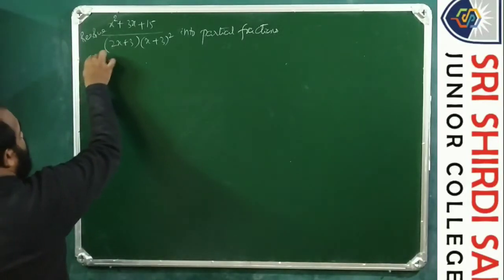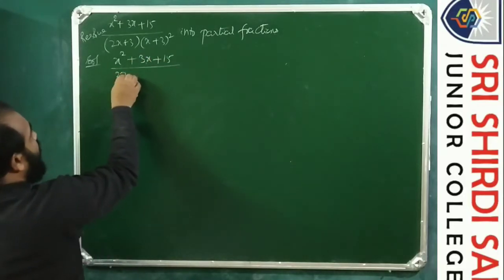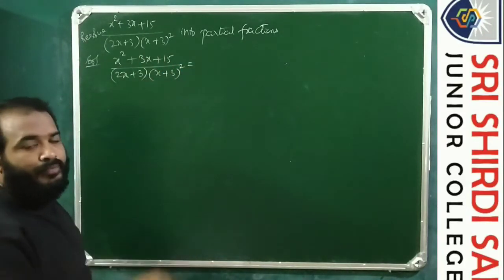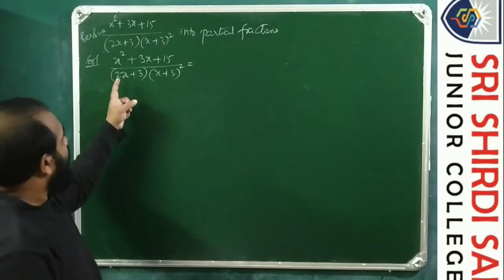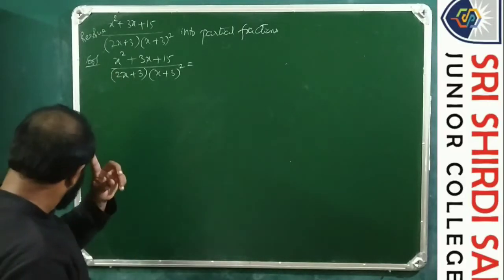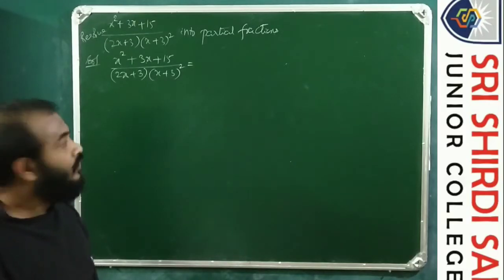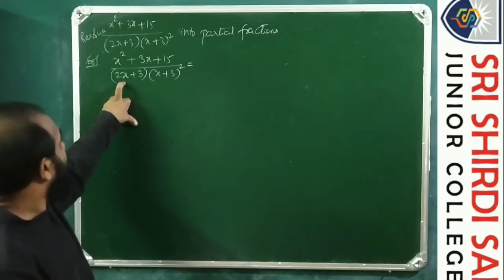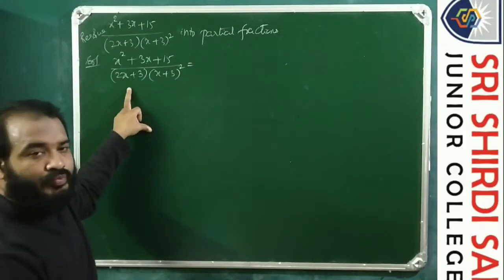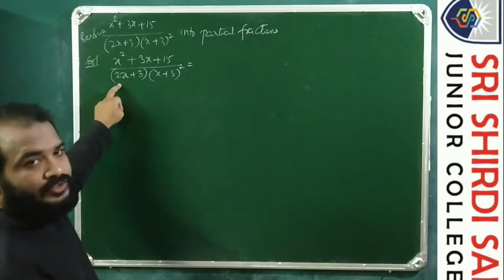So (x square plus 3x plus 15) by (2x plus 3) into (x plus 3) whole square is equals to, for every linear factor of ax plus b of the denominator g of x, there corresponds a partial fraction of the form A by ax plus b.